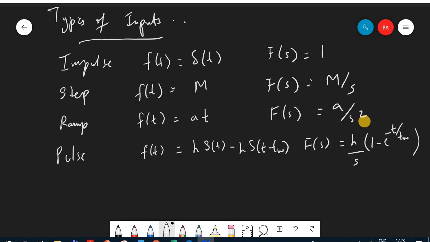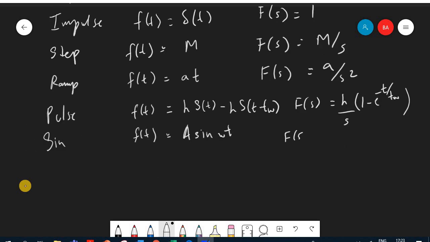Other than that pulse input, we have the sinusoidal input. So f of t is going to be something like a sine omega t, and in the s domain this will be f of s equals a omega over s squared plus omega squared.